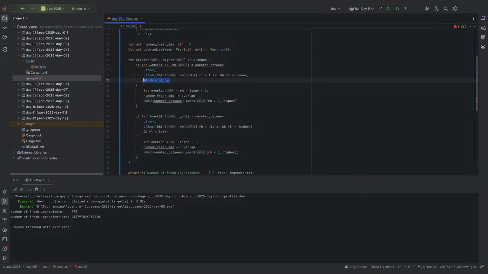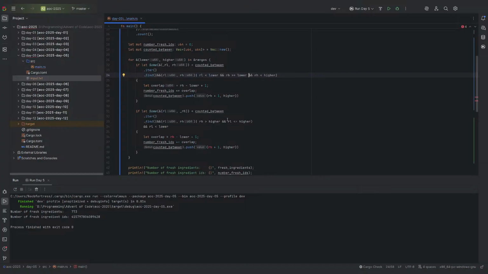I suppose I can include this in here. Same goes for this. This is just making sure that it's not fully contained.